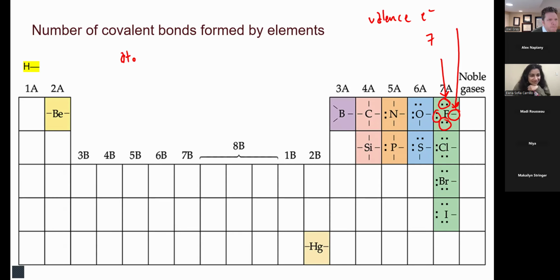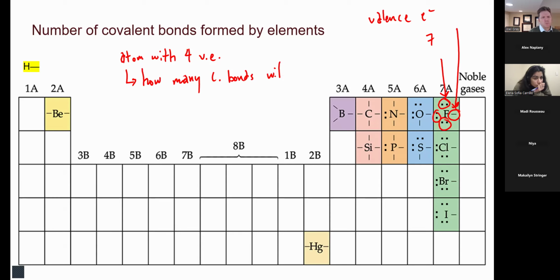Atom with 4 valence electrons. How many covalent bonds will it form? Okay, so that means that atom is bringing 4 electrons itself.